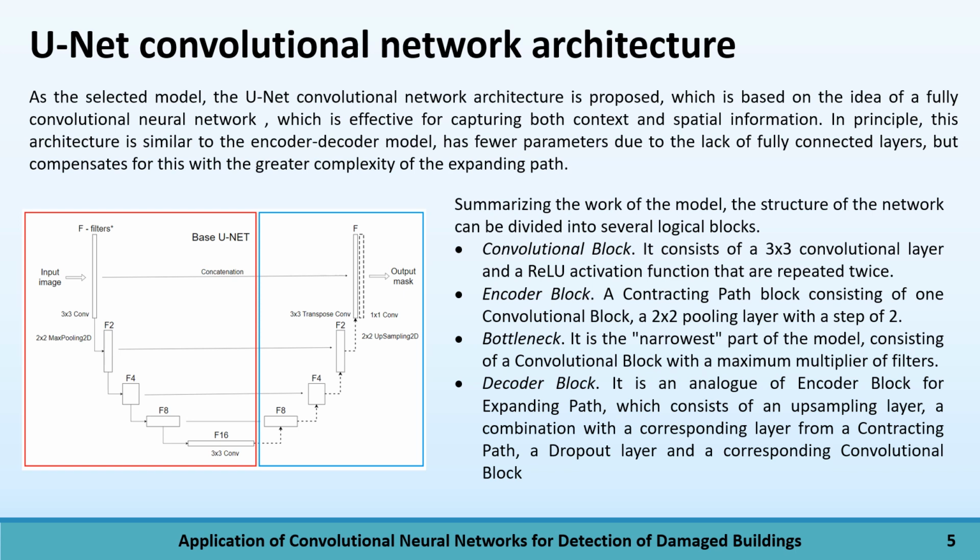The bottleneck is the narrowest part of the model, consisting of a convolutional block with a maximum multiplier of filters, and the last is the decoder block, an analog of encoder block for expanding path, which consists of an upsampling layer and a combination with a corresponding layer from a contracting path, dropout layer, and corresponding convolutional block.